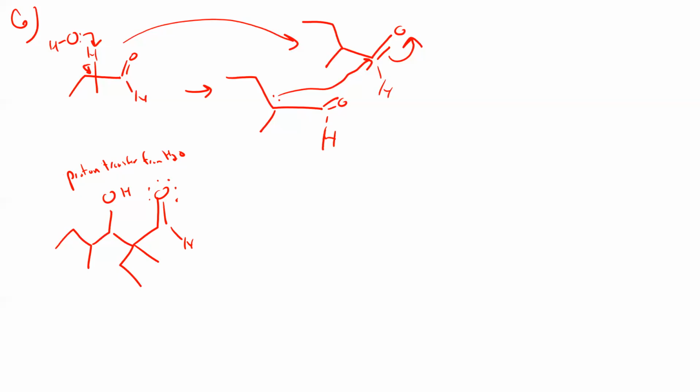All right, let's go on to 7. The 7 says, draw the structure of the product formed when the given compound is heated in aqueous solution. They give us the compound.